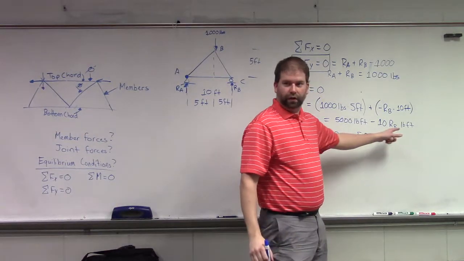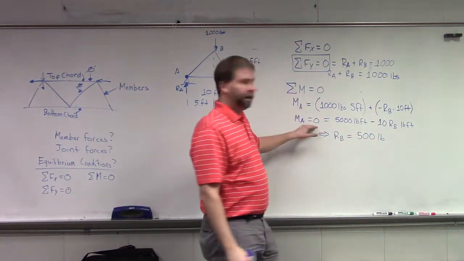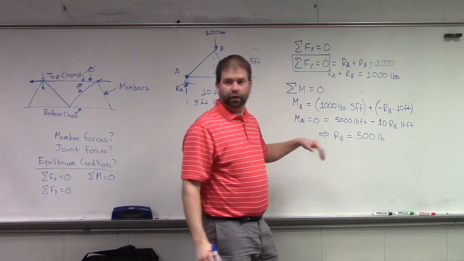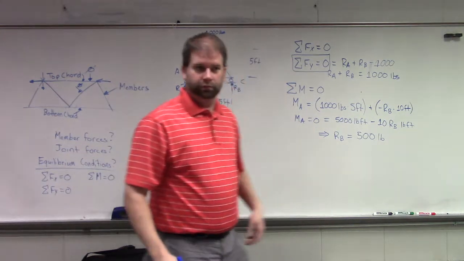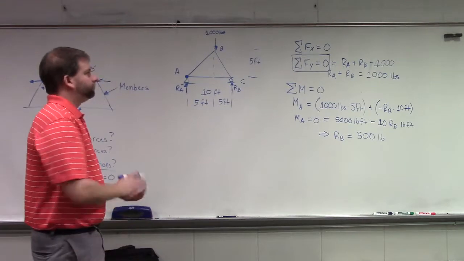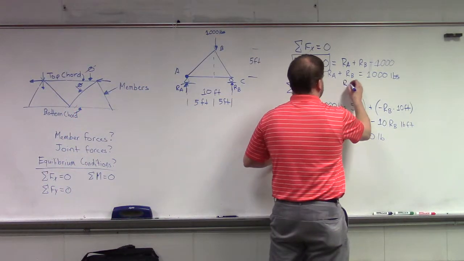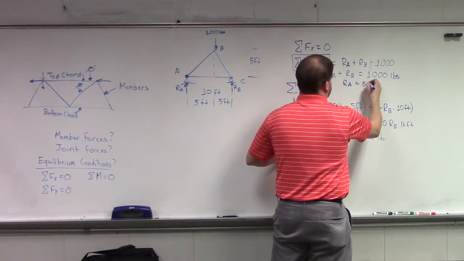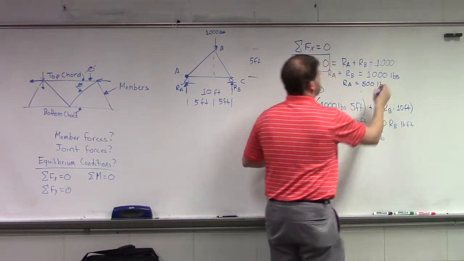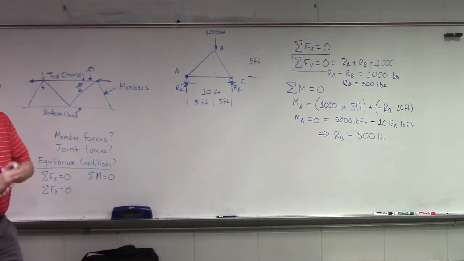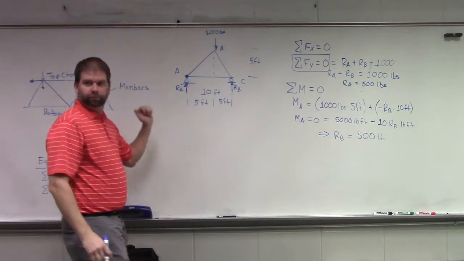First we'd add 10 RB, then take our 5,000 divided by 10 to get 500 pounds. And we like that very much because now that means that RA also equals 500 pounds. Okay?